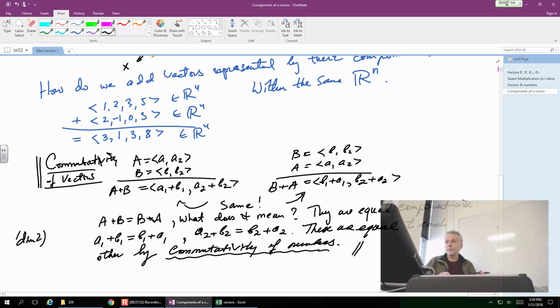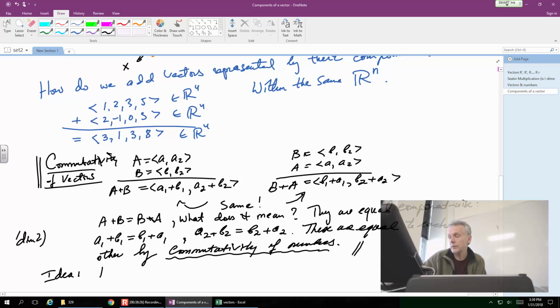Okay, they are equal to each other component-wise, yes. So that's the rule that applies pretty well. So that's the idea.